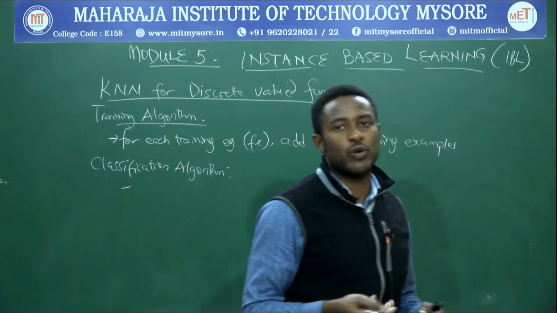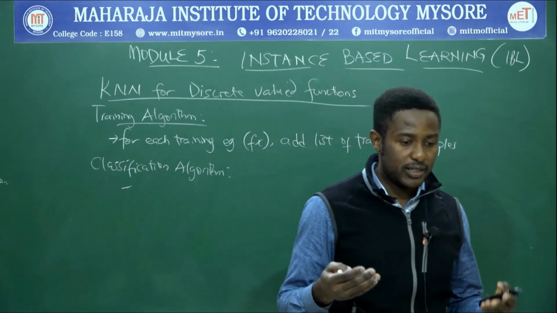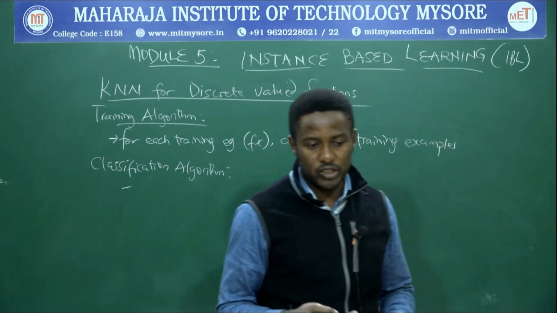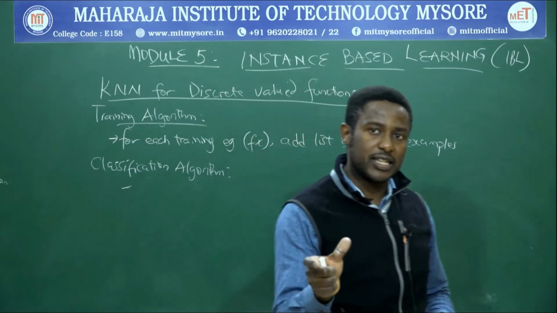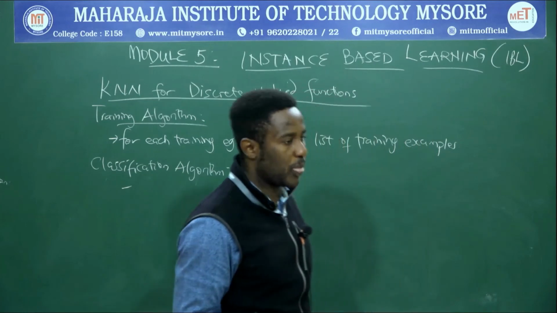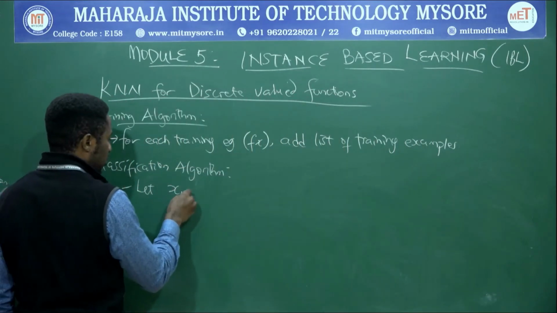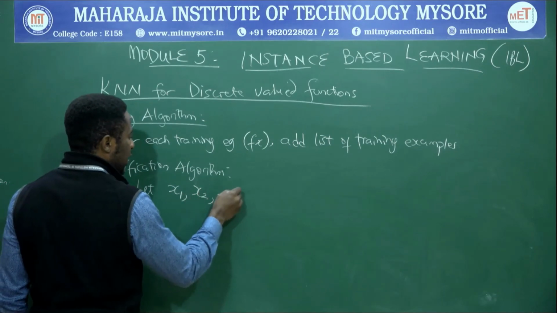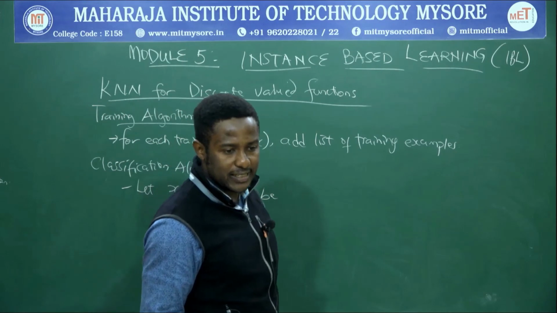So we now say let x1, x2 to xn be the set of K instances from the training examples that is nearest to that instance, x of q.